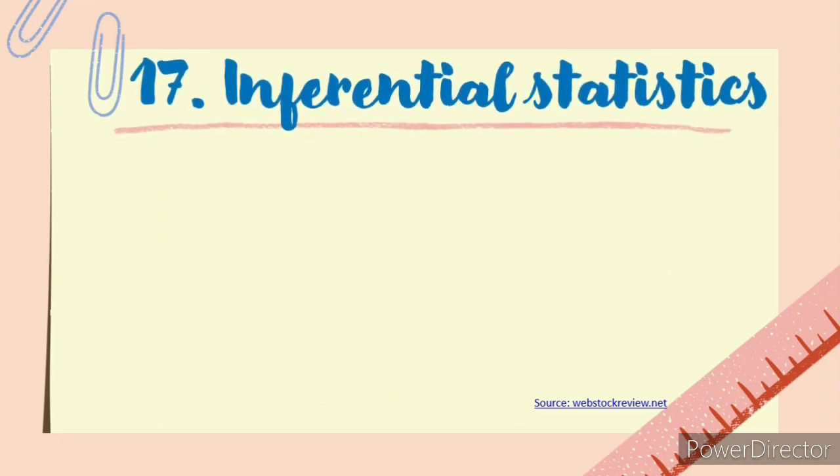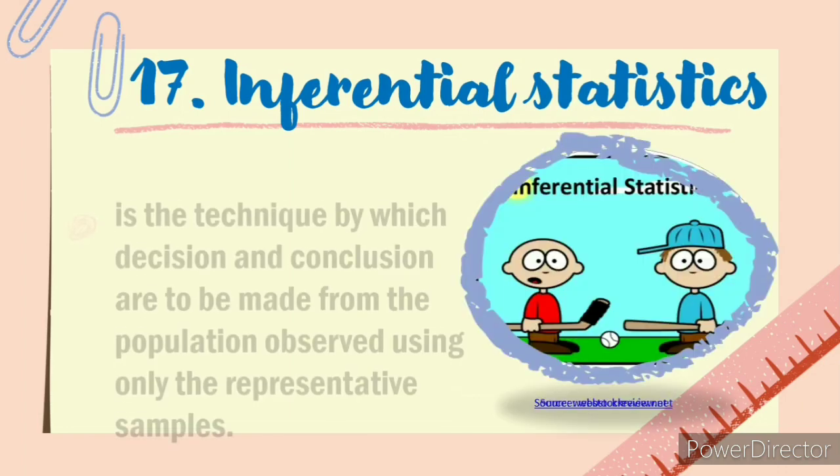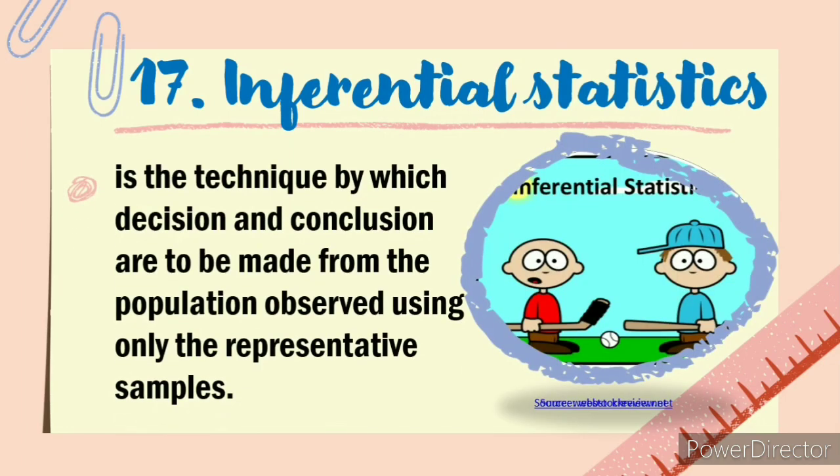Number 17, inferential statistics. It is the technique by which decisions and conclusions are made about the population observed using only representative samples.